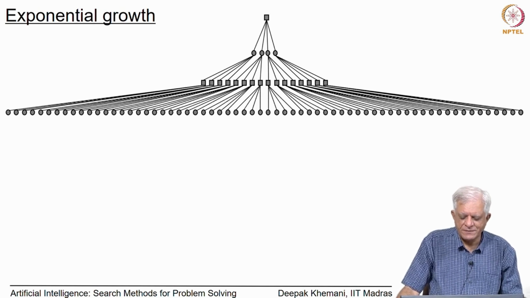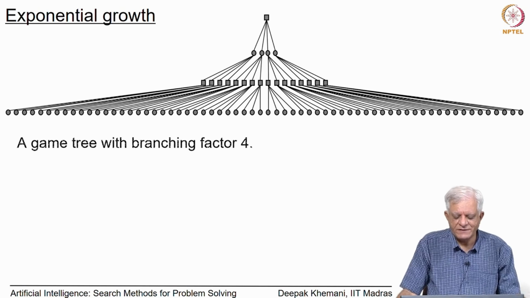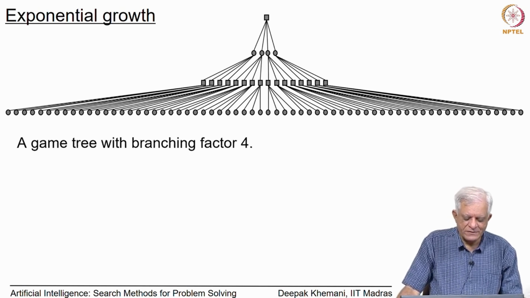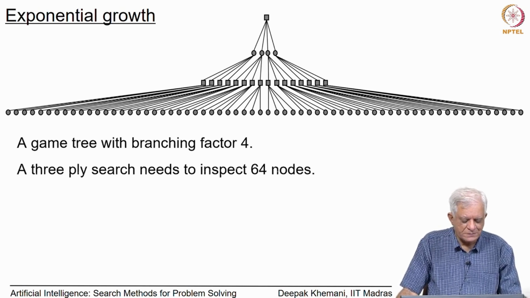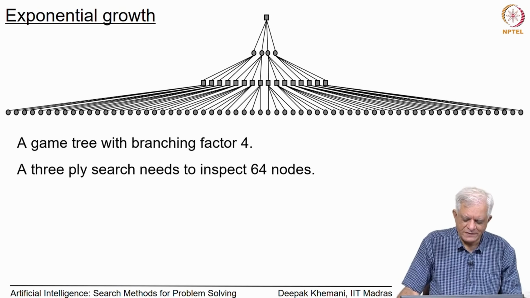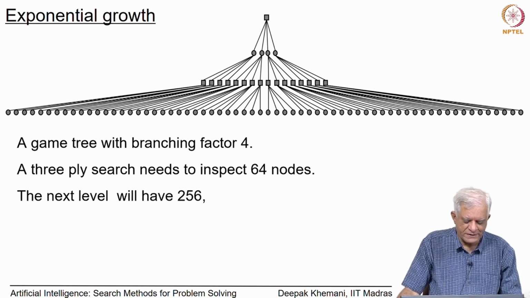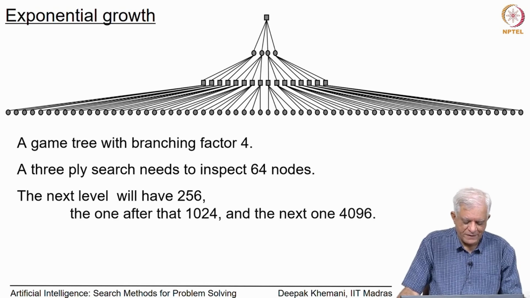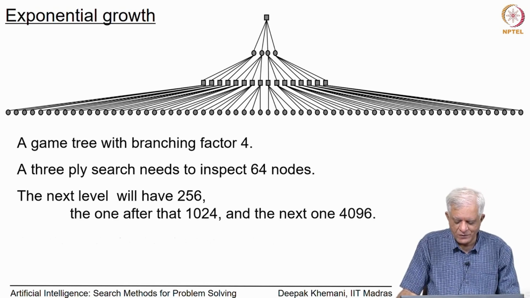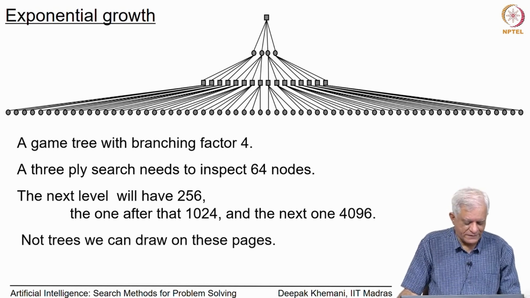So, supposing there was a simple game in which each player had 4 choices, so the branching factor of the tree is 4, then a 3-ply look ahead search tree would inspect 64 nodes. At the next level there would be 256, after that 1024 and 4096.